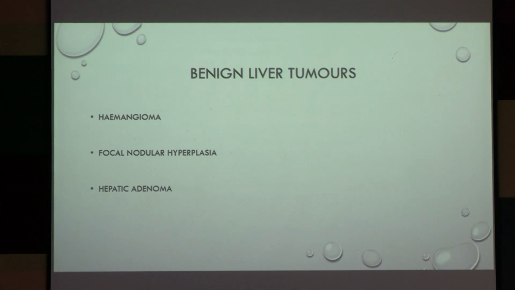And in all these benign tumors, there is a definite gender bias. Hemangiomas are common in women, much more. The ratio is about 3:1 between female and male. And there is always a relation to the estrogen receptors. Sometimes estrogen receptors have actually been found within the hemangiomas.